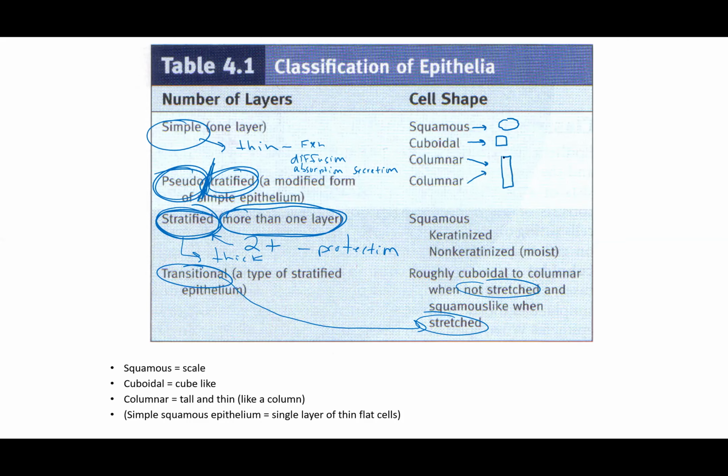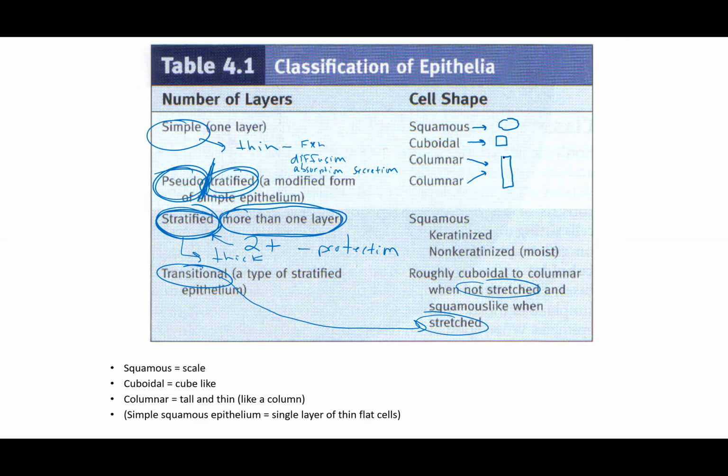All right. So let's do a little practice round here. If you're looking at tissue and it's one cell layer thin and shaped like a fish scale, what would they call it? Simple squamous. Beautiful. Perfect. Okay, one more.